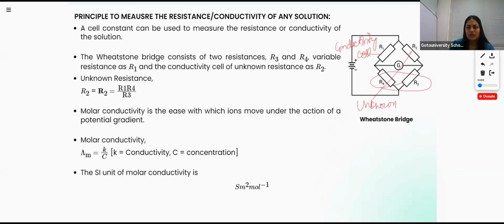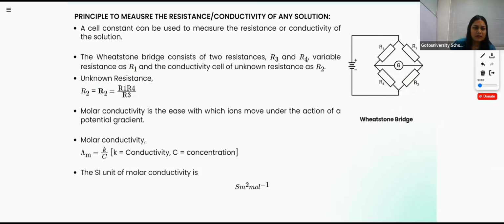For the unknown resistance we use this formula to calculate it: R1 into R2, that is the conductivity cell resistance and the variable resistance, divided by the other variable resistance, right?